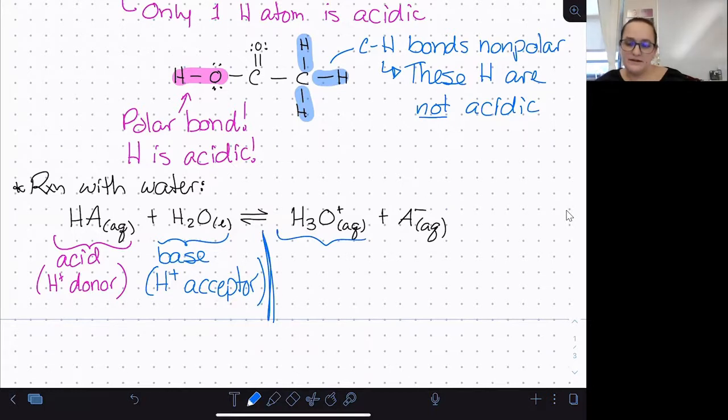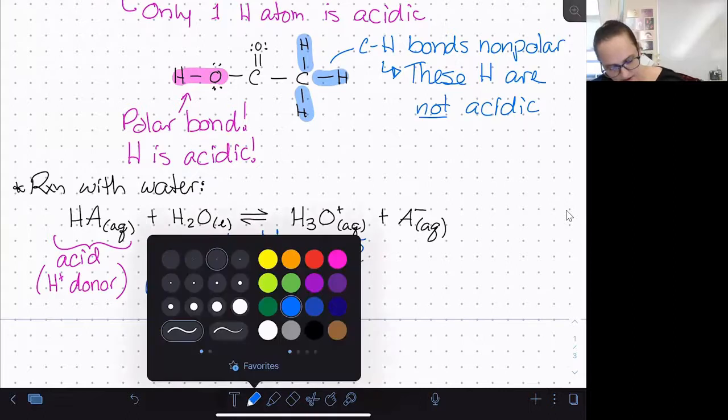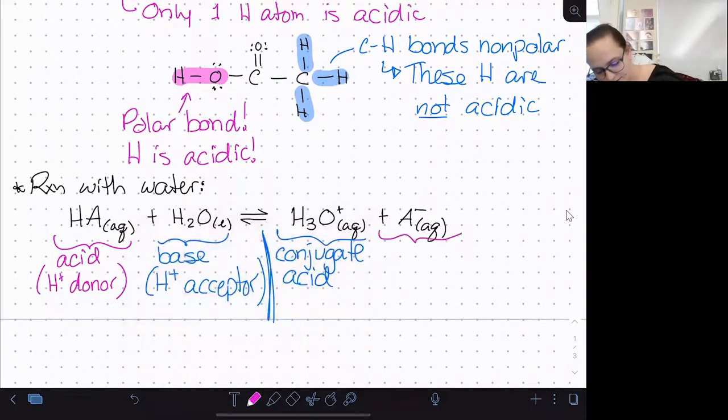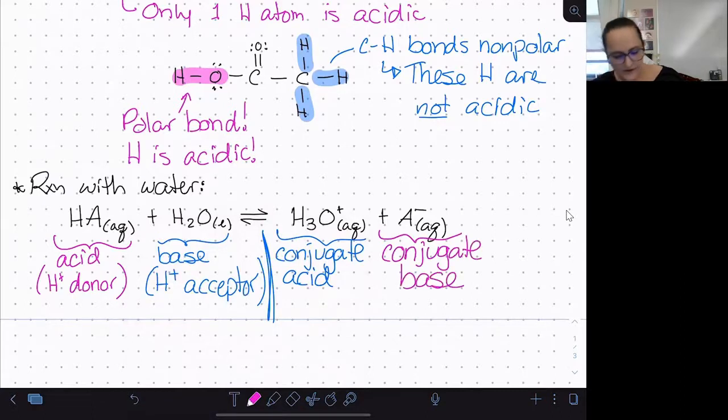After the base gains a proton in this type of reaction, we refer to it as the conjugate acid. After the acid loses a proton, we refer to it as the conjugate base. So the acid turns into the conjugate base, the base turns into the conjugate acid in this type of reaction.